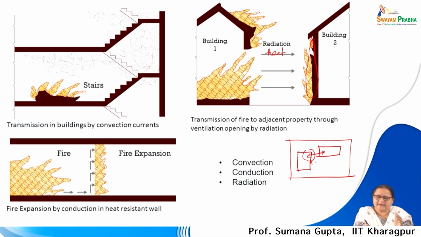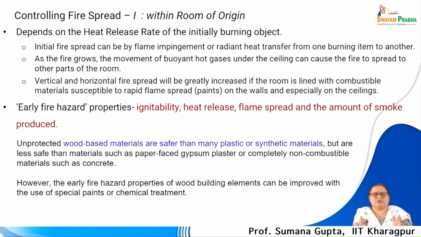Now, there are mandates of this gap between the two buildings, but however, there can be some leakages, there can be some breakages and the fire can move to the next building. So, to check the fire, we talked about compartmentation, to retain it within the room of origin.